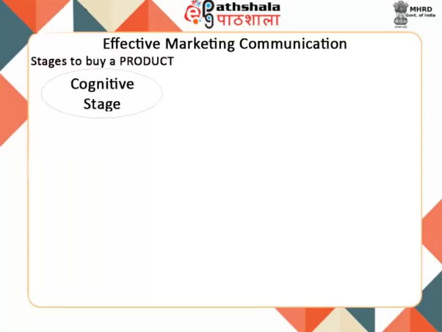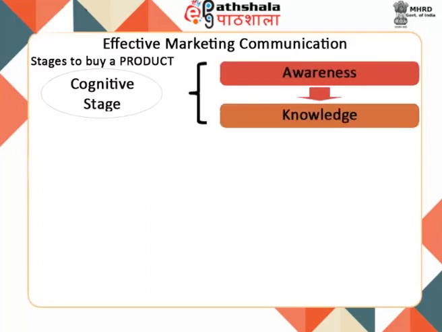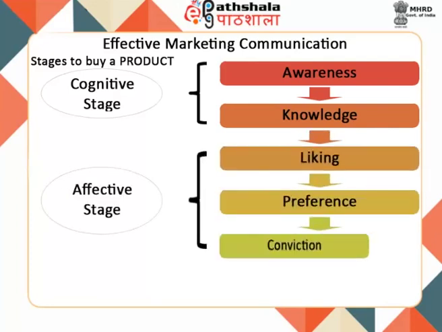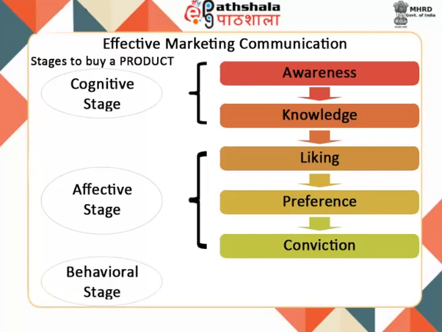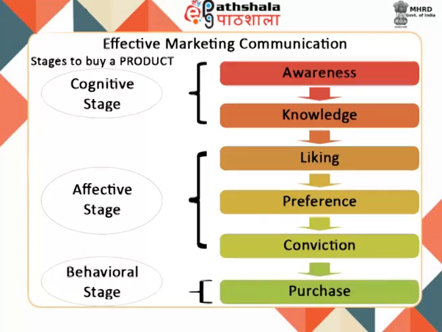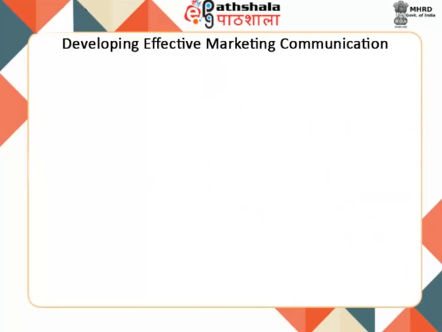At the cognitive stage, marketers try to generate awareness and knowledge about their brand. To step up their customers to the affective stage, liking, preference, and conviction have to be created. Once customers reach the conviction stage, it is easier to achieve the behavioral response from them, which is the purchase of the brand. Developing effective marketing communication: 1.